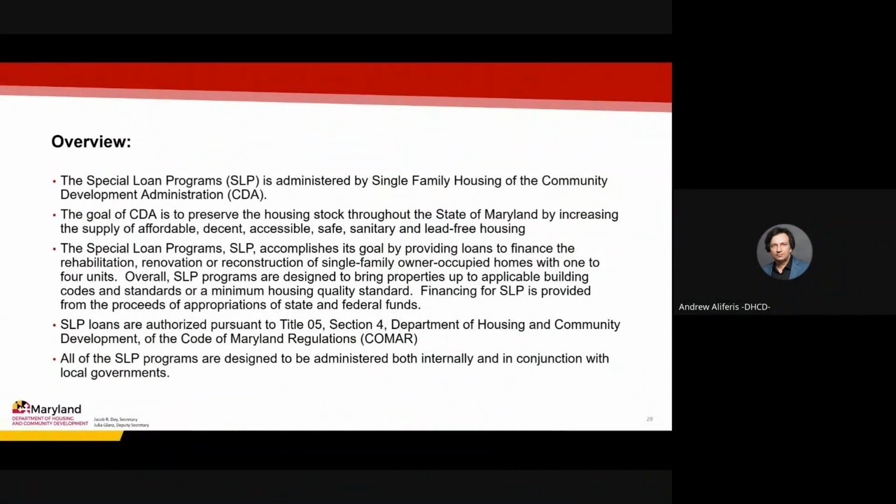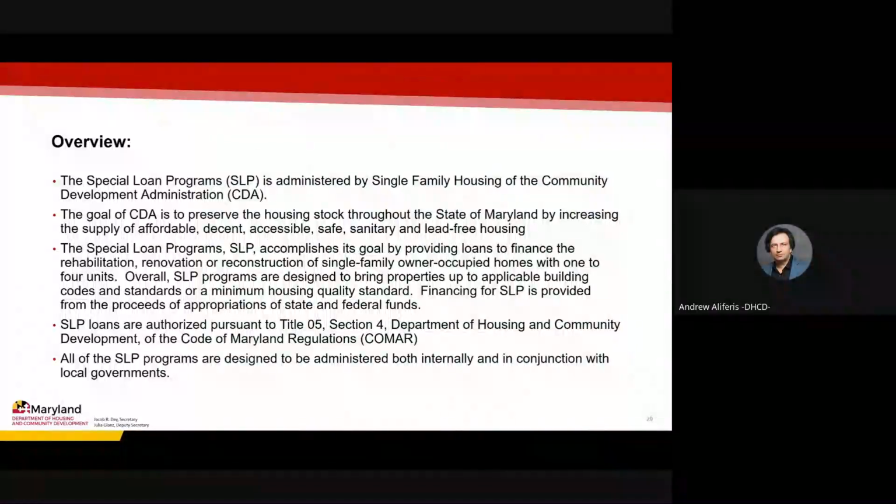We base the loan or the grant amounts on the price of the repairs, which people find contractors, identify what needs to be repaired, and then send it in to us for the underwriters and our technical reviewers to review.